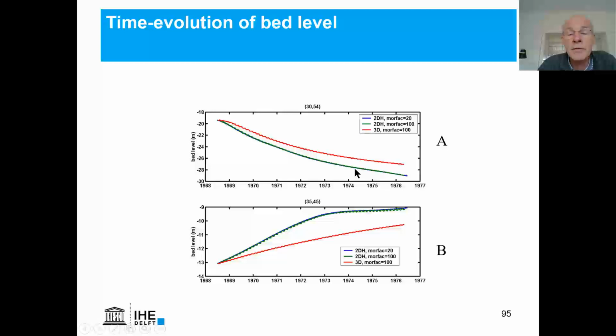The only thing is that with a morphac of 20, it's almost continuous, and with morphac of 100, you see a little bit of this accelerated tide. And we cover 8 years here, 8 times 7 per year. So we have about 56 little steps here. Yeah? You hardly see it.